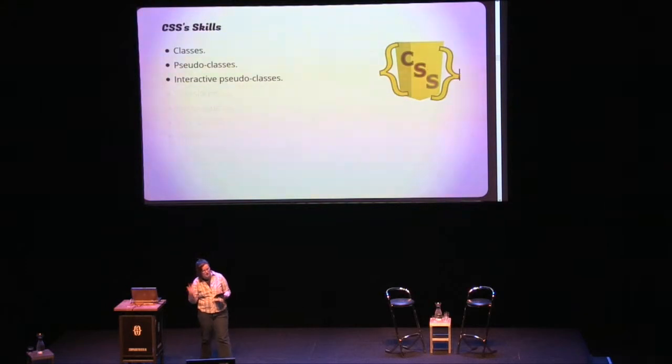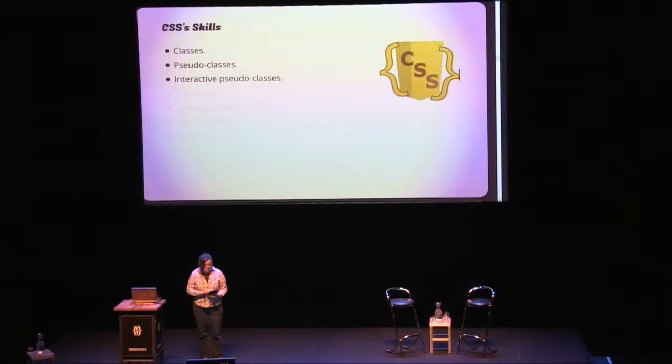So I'm talking your hover, your focus, your active, your target. Things that can change your styles based on how the user's interacting with the web page. These are awesome for creating graphical effects like a dorky little slideshow series that I had earlier on.